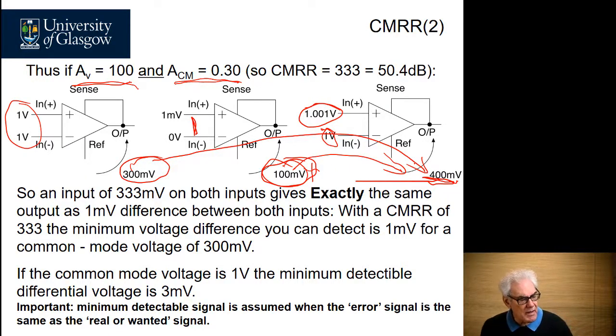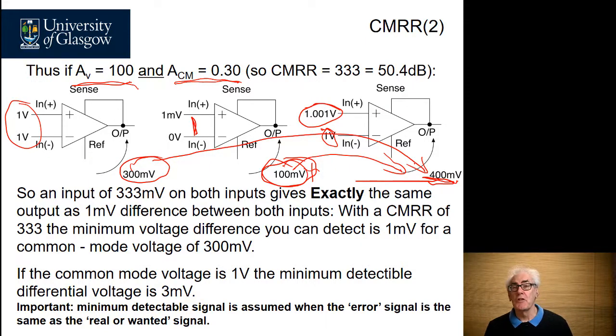So we can see that if we have an input of 333 millivolts on each of the inputs, it would give exactly the same voltage appearing at the output as a differential signal of 1 millivolt.